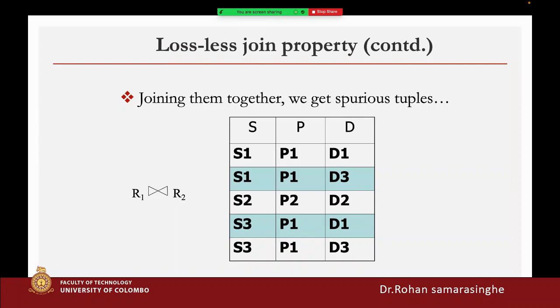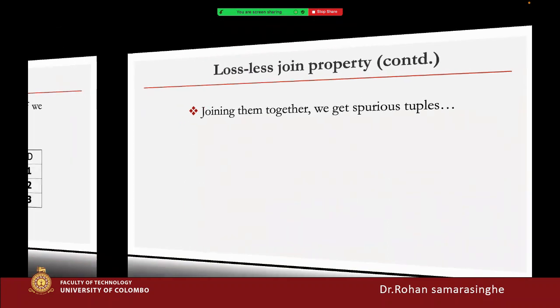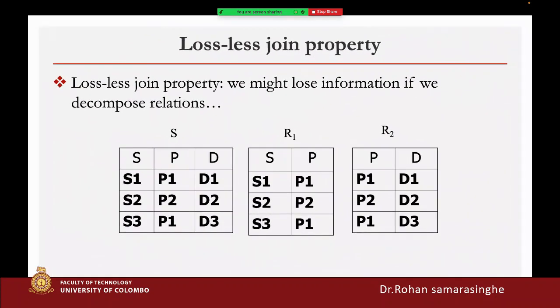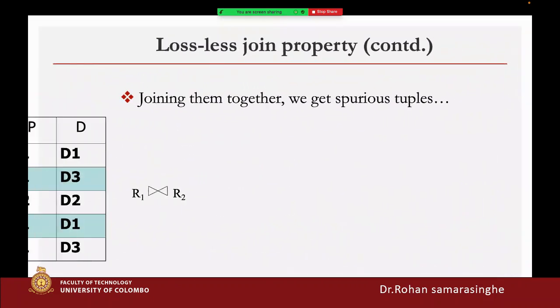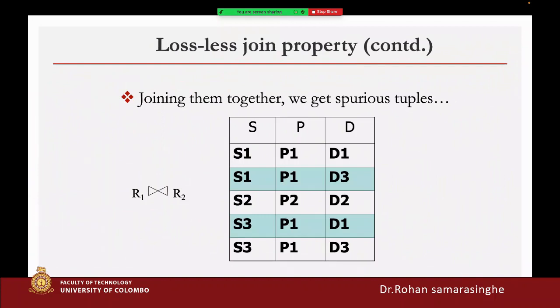See the differences: we had only 3 tuples, and when we combine R1 and R2 using the join, we can get more like this here.